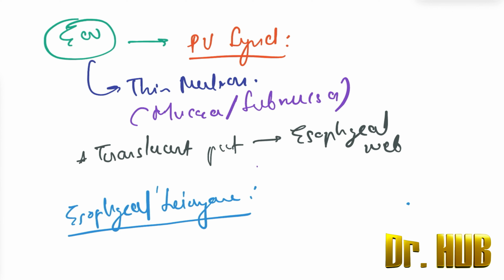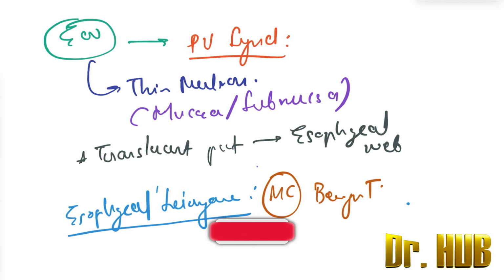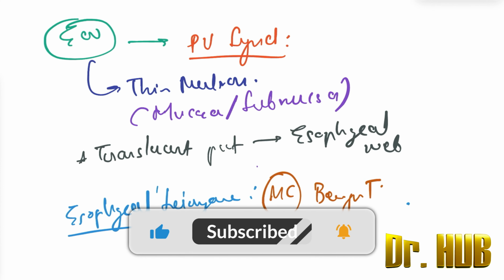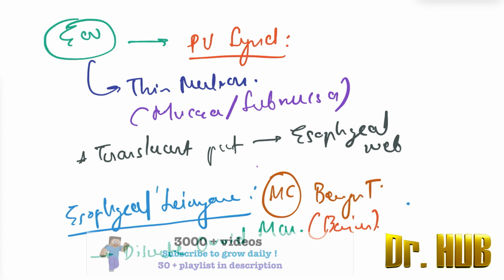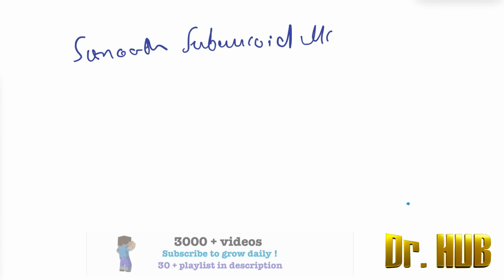We need to know it is the most common benign tumor of the esophagus, and on barium swallow it is seen as a discrete ovoid mass that is well outlined by barium, that is a smooth submucosal mass.